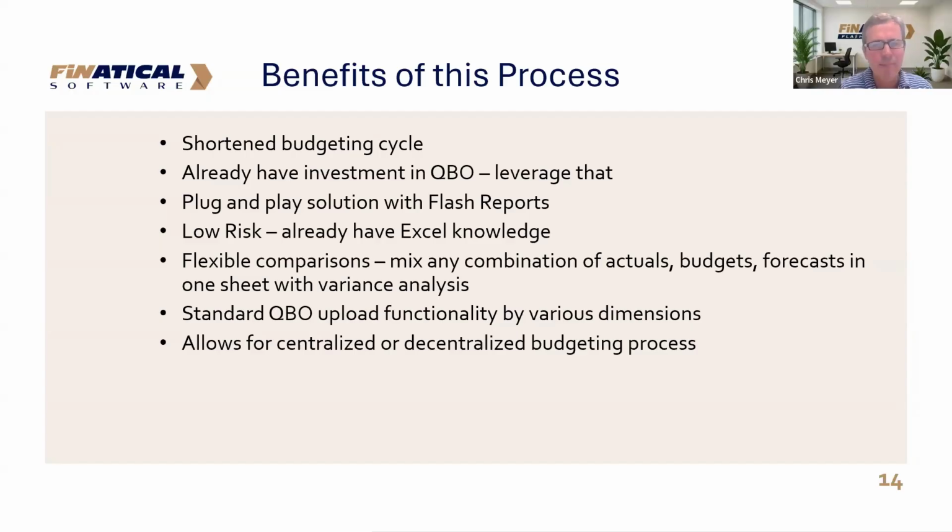I think allowing for both processes is useful, because as we saw, once you've got to share the templates, that maybe takes a longer time. But if you've got a centralized process, this could really accelerate the whole process and just getting the upload into QBO. And with Flash, you can create multiple columns where you can compare actuals to budgets, and then also forecast as well, right? In the same sheet as well.